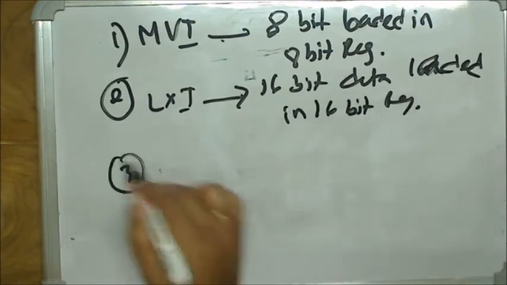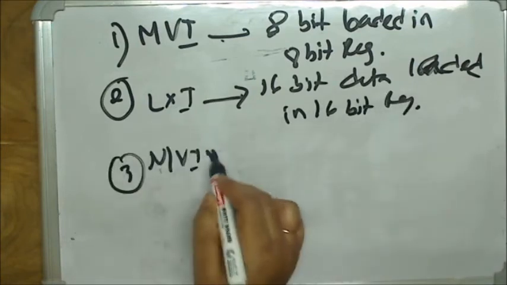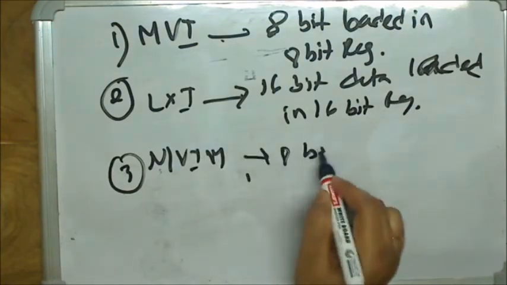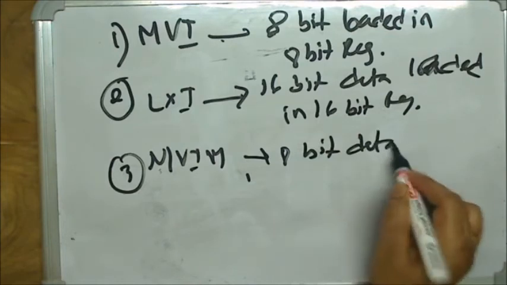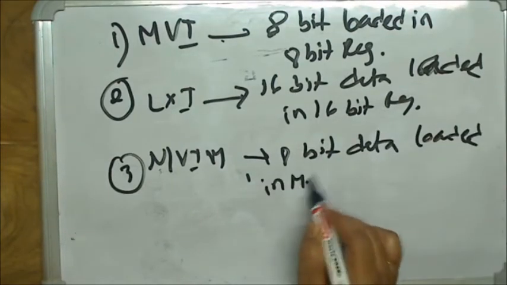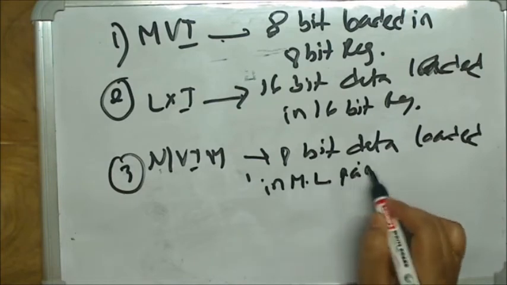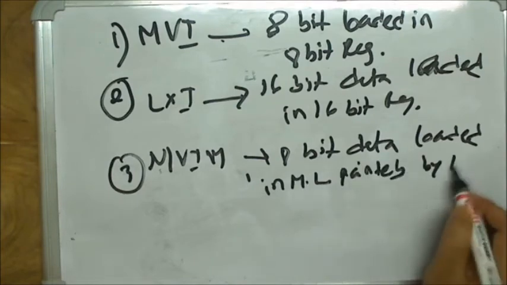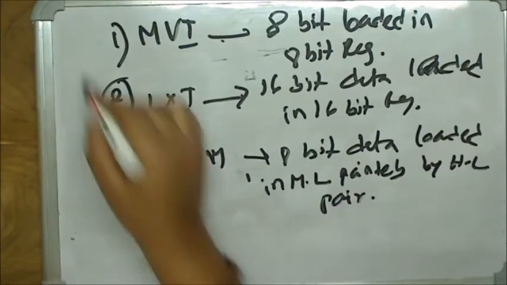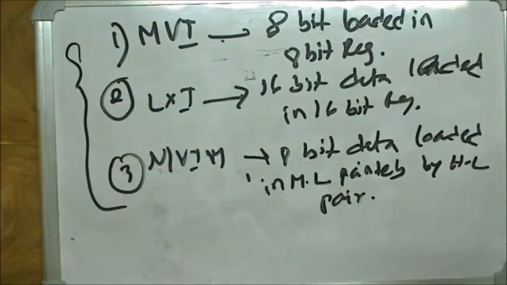And in MVI M, 8-bit data was loaded into the memory location pointed to by the HL pair. So these are the first three instructions. Clear?